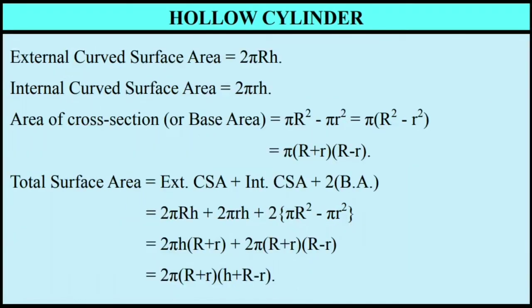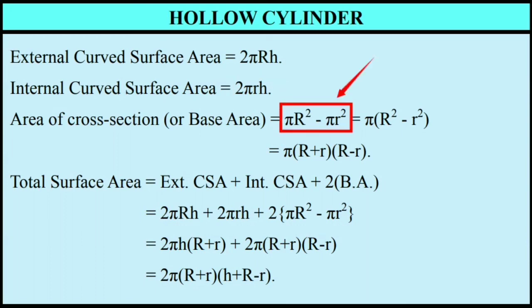Now let's discuss surface area of a hollow cylinder. The first one is external curved surface area, that is 2 pi R h, where capital R is the radius of the external circle. Next, internal curved surface area, that is 2 pi r h, and here small r is the radius of the internal circle.